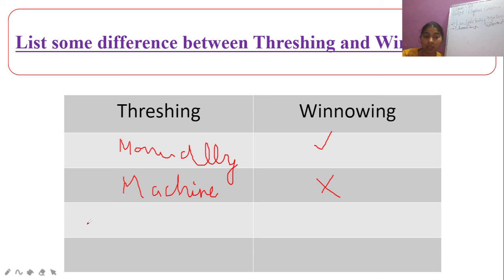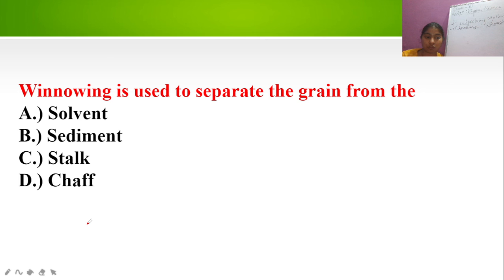Now students, you have to tell me the answer. Four options are there, you can write it down in the comment box. Winnowing is used to separate the grains from the dash: solvent, sediment, stalk or chaff.